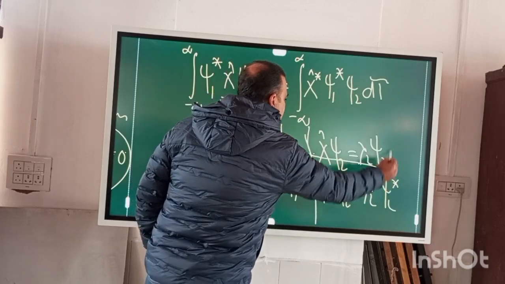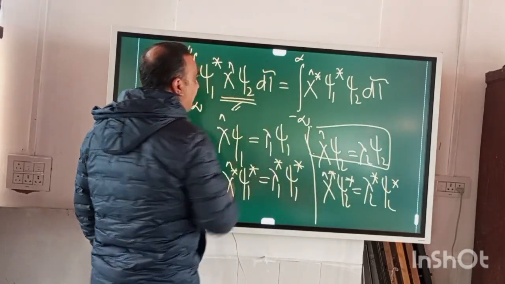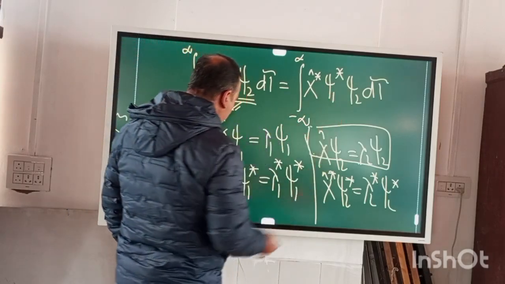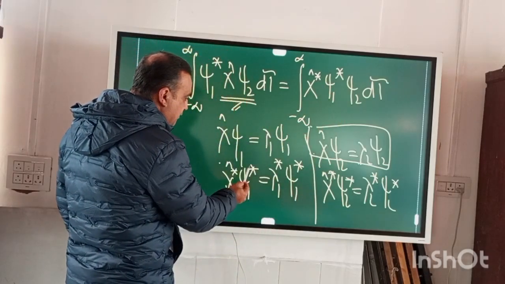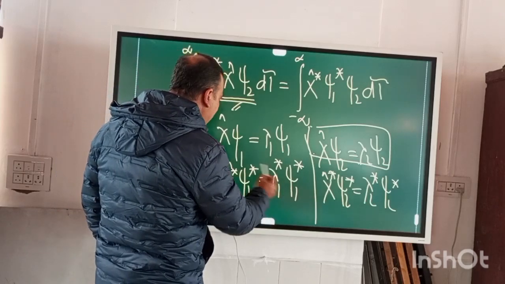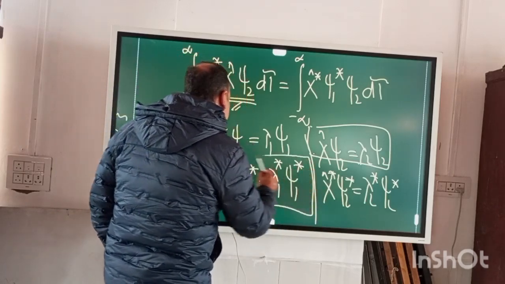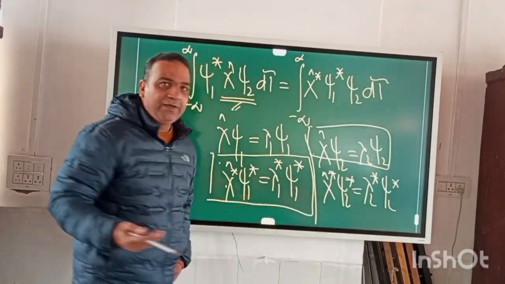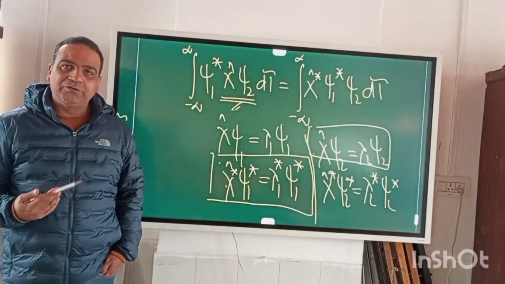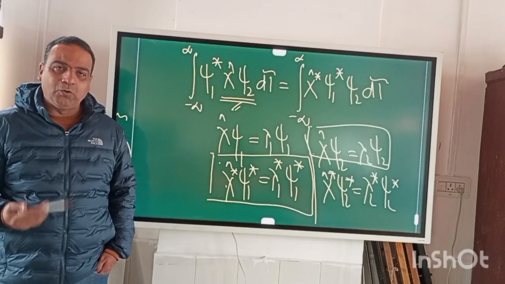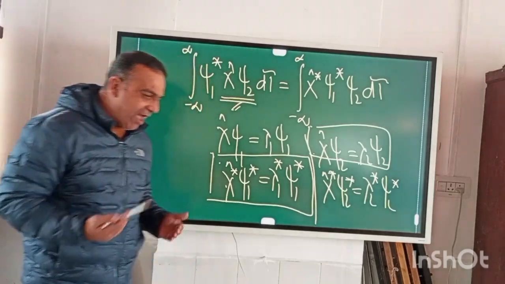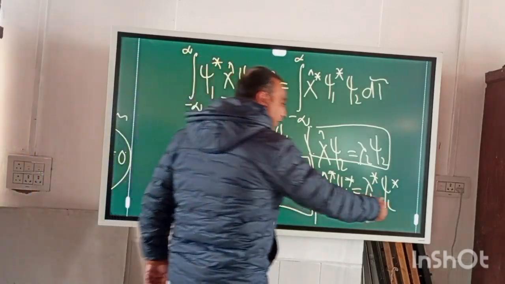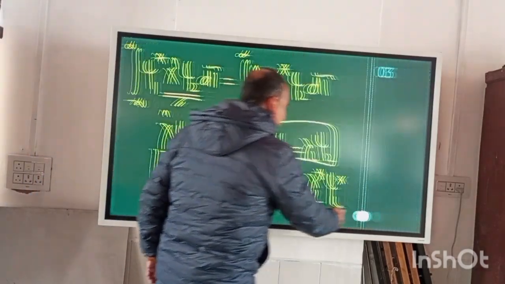So I can use x cap psi2 equal to lambda 2 psi2 in the left hand side of the equation, and x cap star psi1 star equal to lambda 1 star psi1 star in the right hand side. The motivation is to obtain mathematically the orthogonality condition when the operator acting on the wave functions is a Hermitian operator.